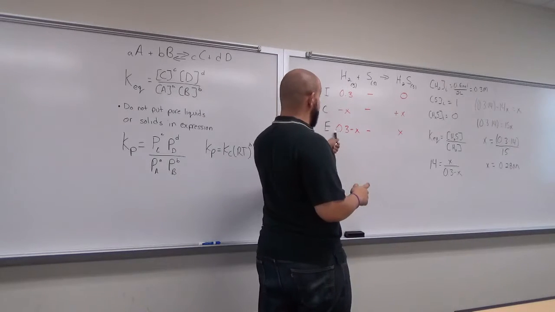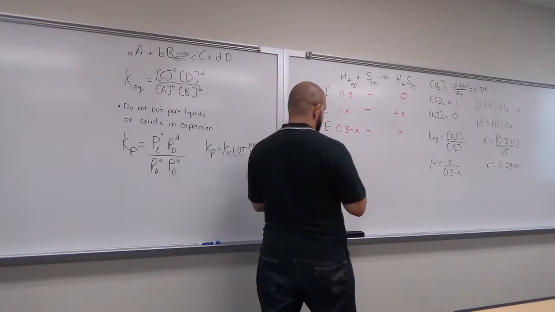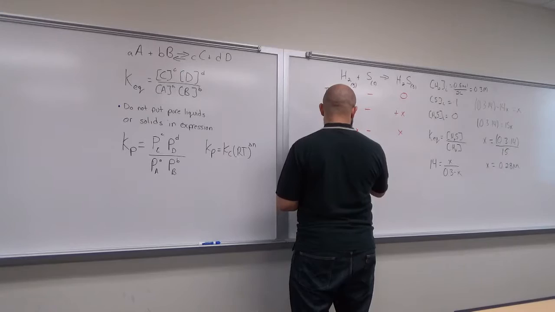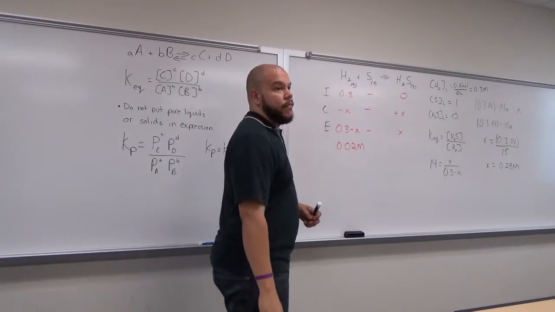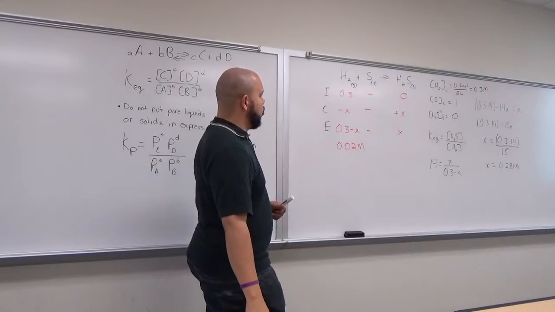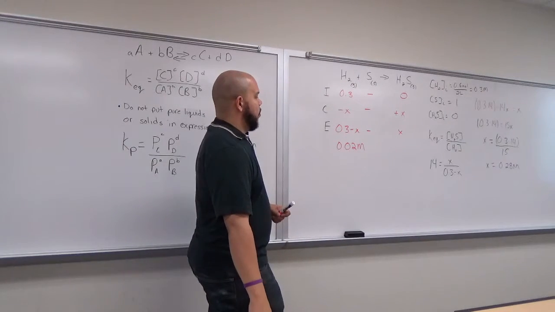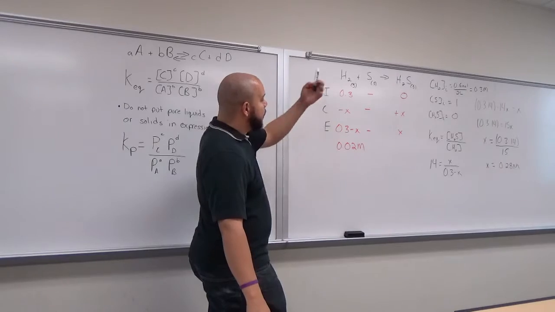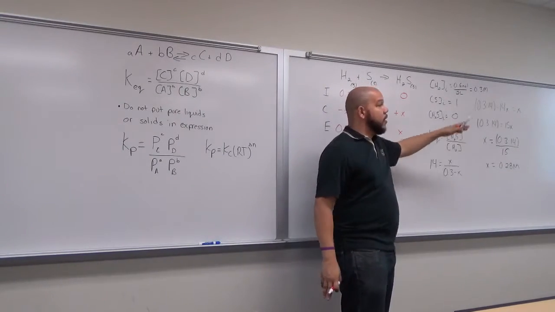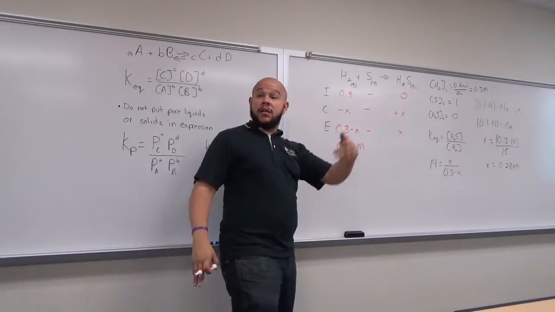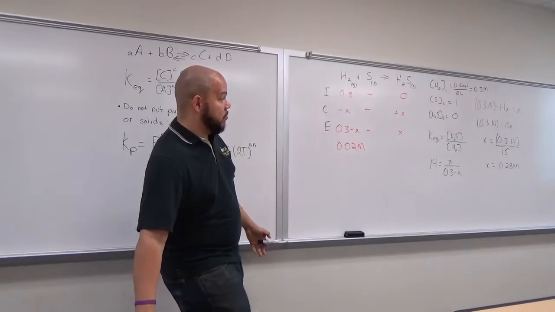To get the concentration of reactant left, it's 0.02 molar, right? We have very little H2 left. Our equilibrium KEQ was given to us as equaling 14. Greater than 1, product should be favored.